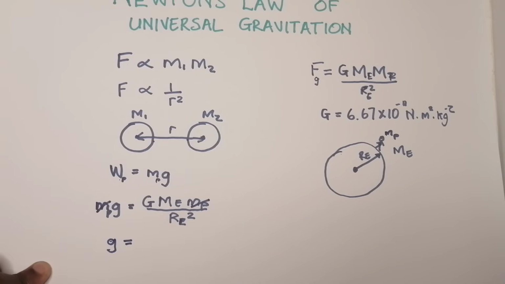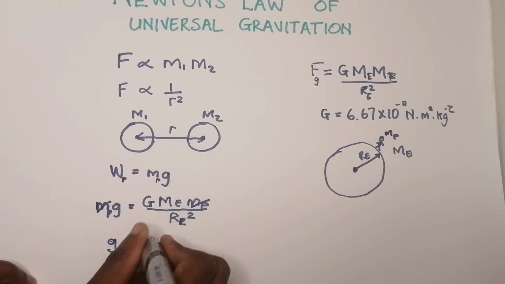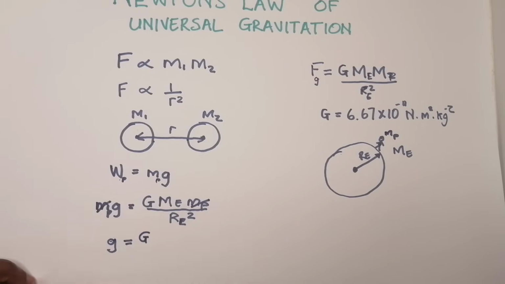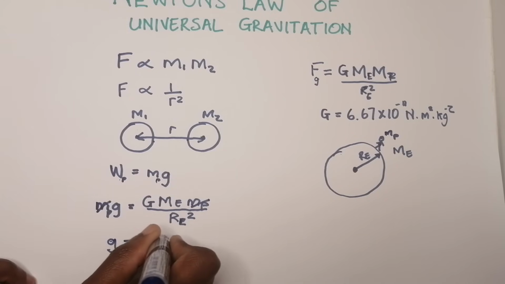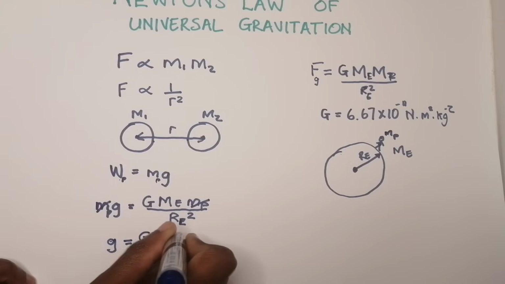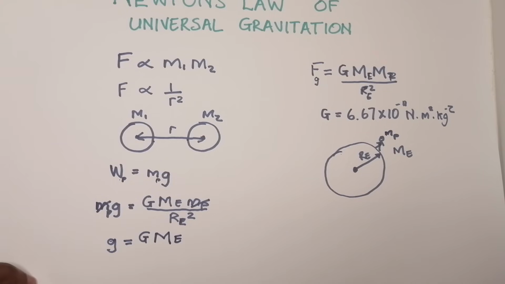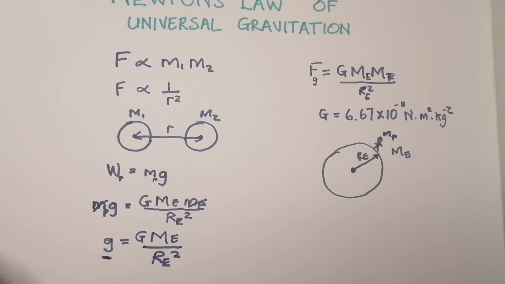The gravitational acceleration of any object depends on the universal gravitational constant. In this case, because I'm talking about the Earth, it would be the mass of the Earth, and I will divide that by the radius of the Earth squared. So this shows you that gravitational acceleration is actually independent.